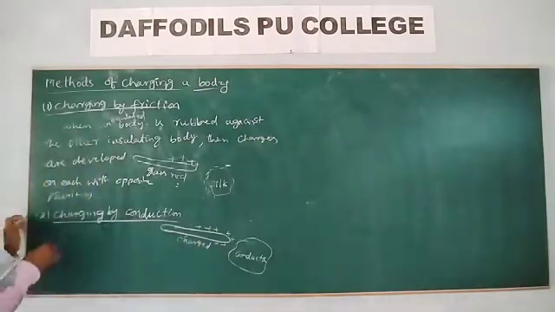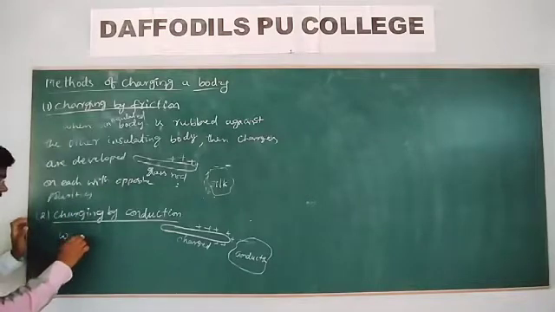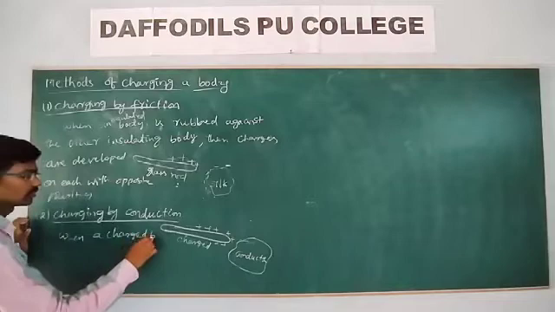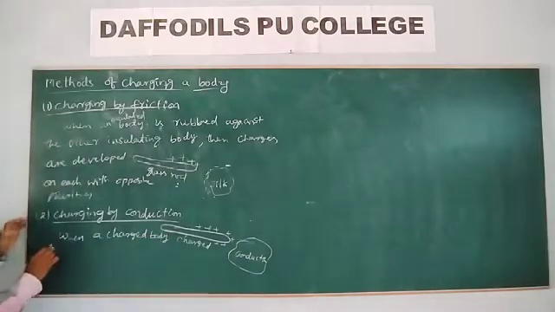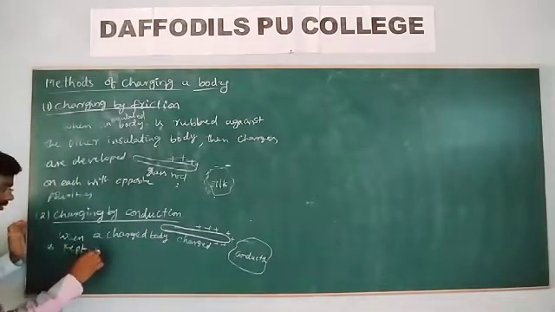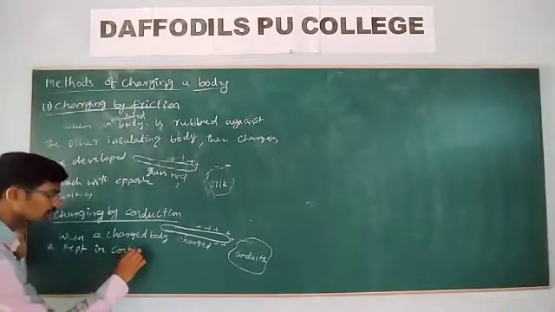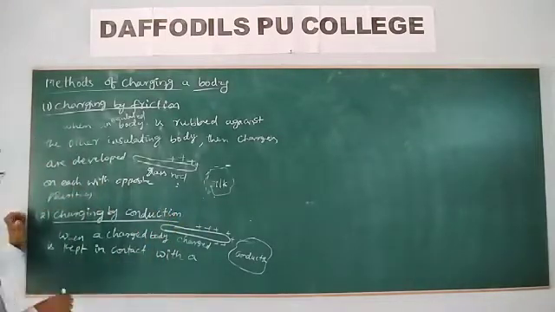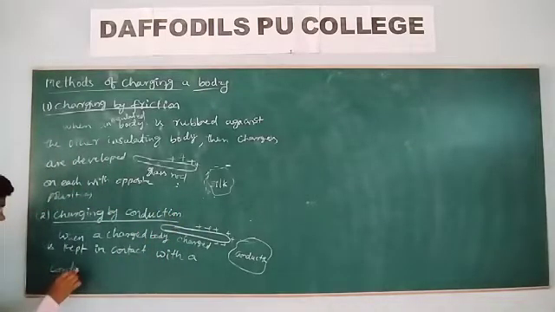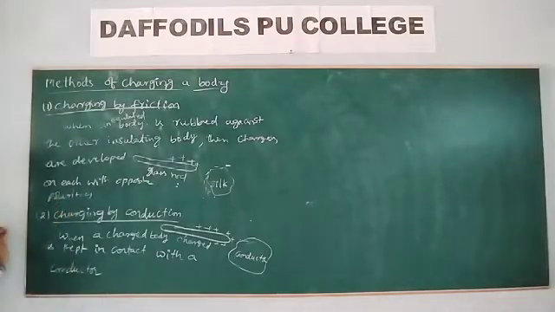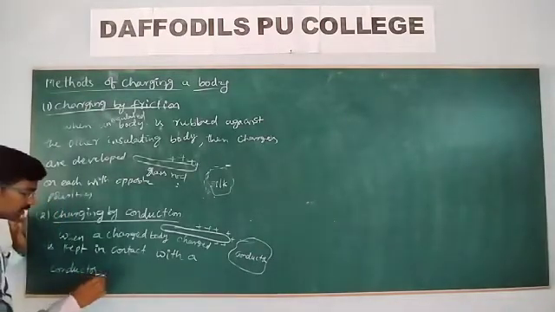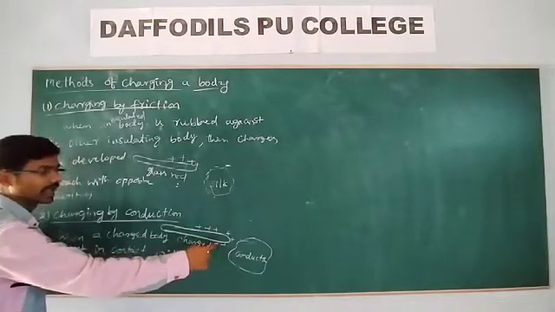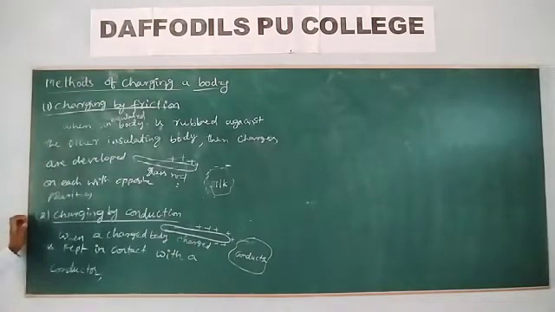When a charged body is kept in contact with a conductor, the conductor gets positively charged. That means the conductor will be charged the same as the charged body.